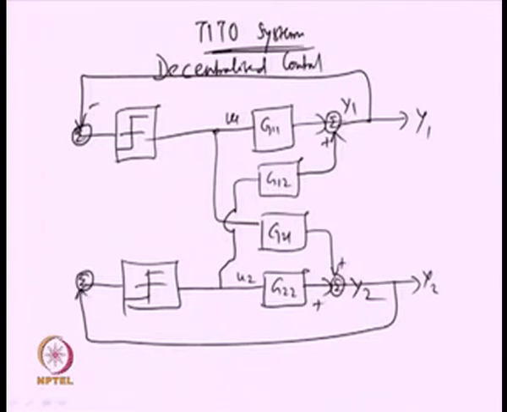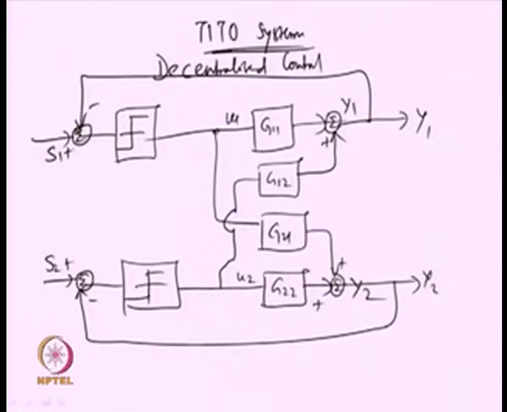So, please allow me to put the reference inputs as well, set value 1 and set value 2. So, this is how you get the decentralized relay control system. In this decentralized relay control system, how do we find the dynamics of the TITO system in terms of either its frequency response characteristics or any other characteristics?